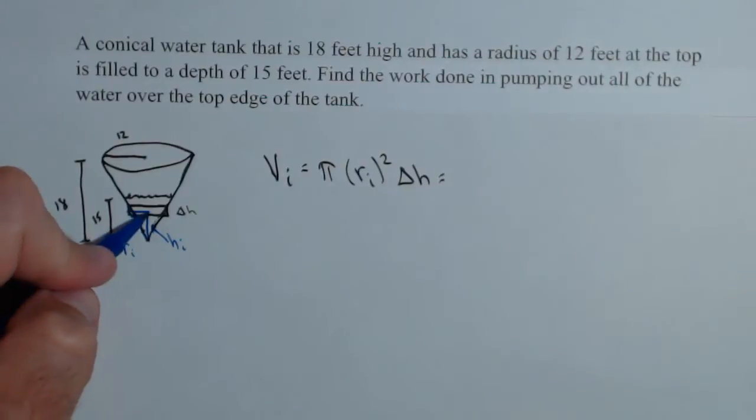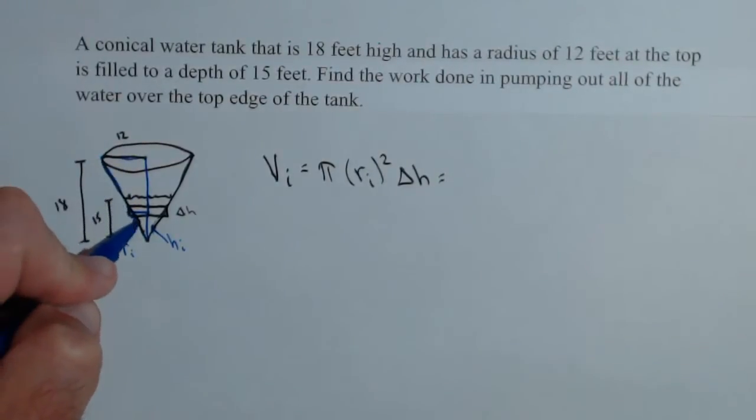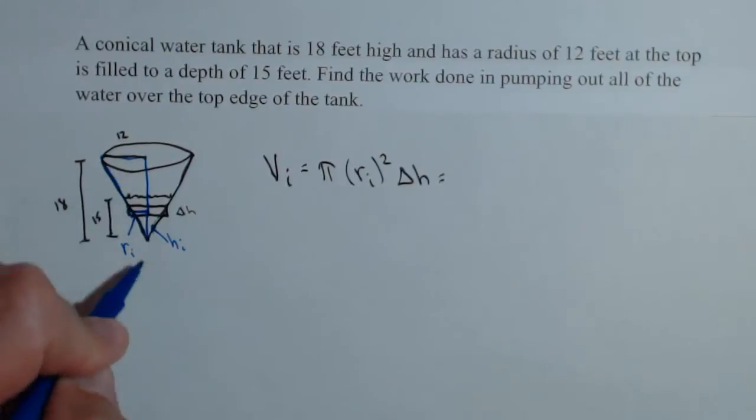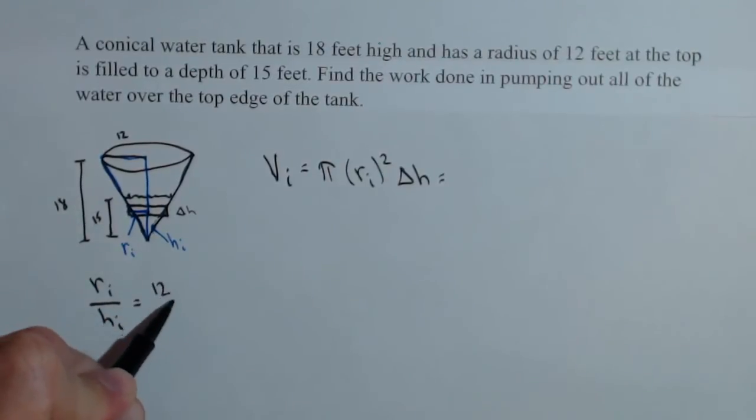Now the advantage here is if I draw a line all the way up, you'll notice what I have here: two similar triangles. One triangle inscribed inside another triangle. So I can make a relationship now. In fact, R sub i is to H sub i as the radius of the big one is to the height of the big one.